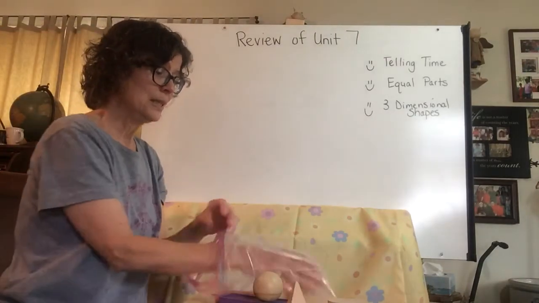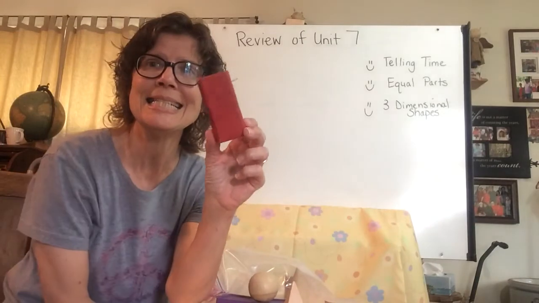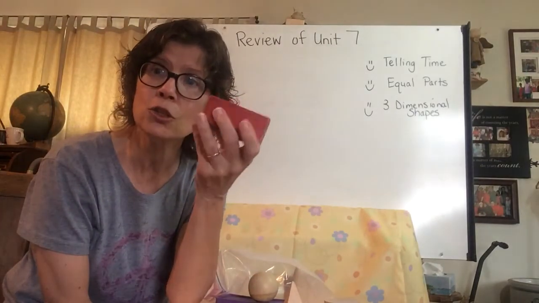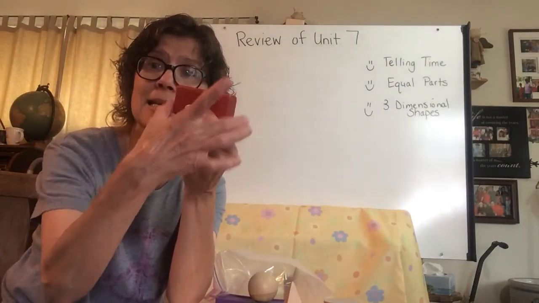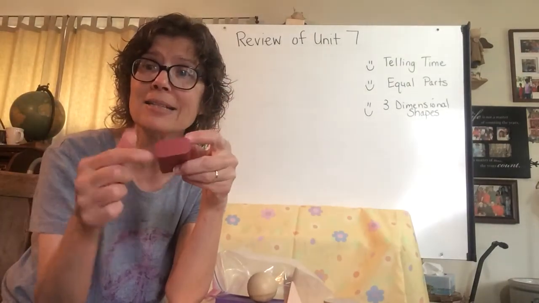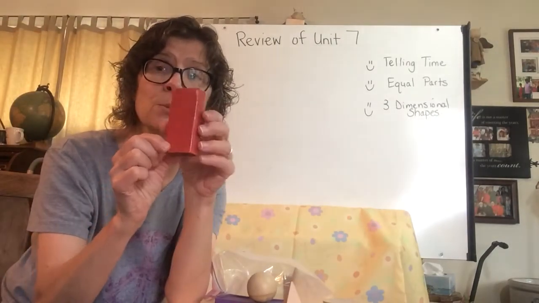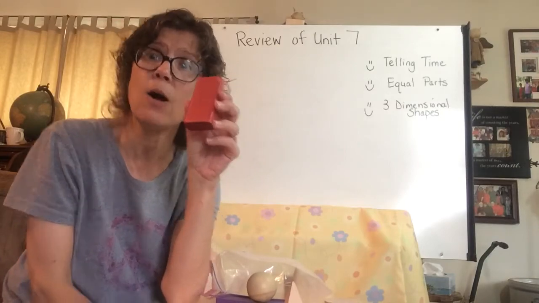All right, cup. Oh, this is the hard one. Think of a cereal box. It's a rectangular prism. Remember, rectangle has two long sides and two short sides. And it's got a body. So it's a rectangular prism. And I always think of like the cereal boxes kind of help you.